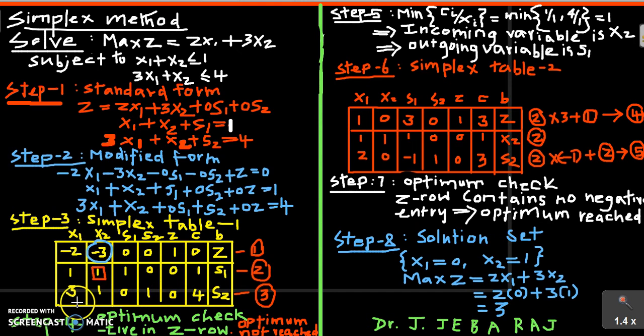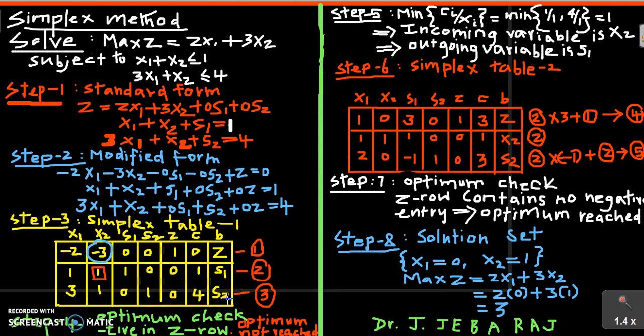Now after filling this up, some variables are in canonical form. So z is in canonical form, s1 is in canonical form, then s2 is in canonical form.